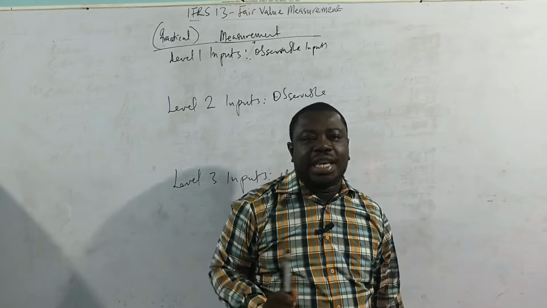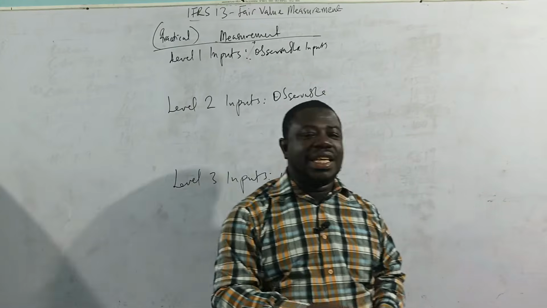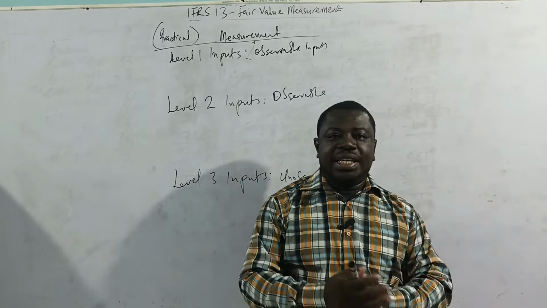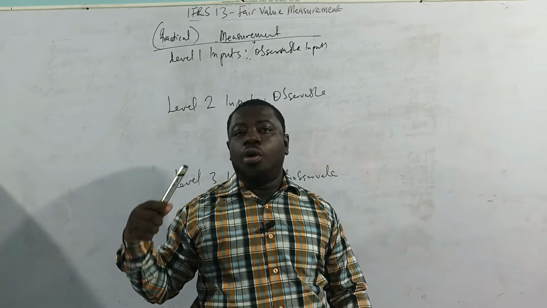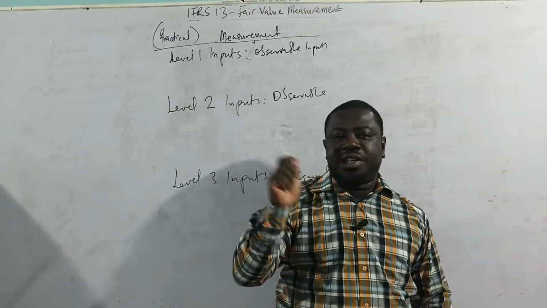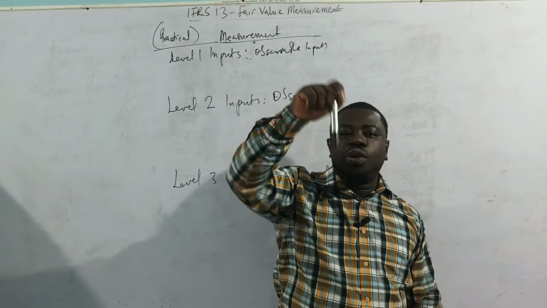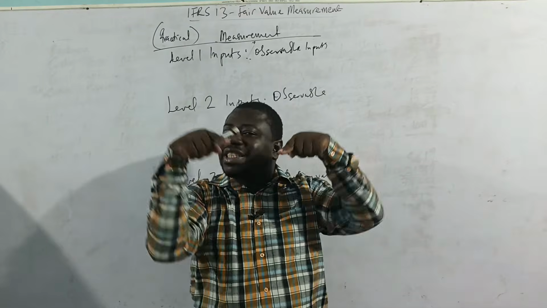When we say unadjusted quoted prices, we are trying to say that these prices are not adjusted based on the seller's preference, but these are the prices that are fair, that is supposed to be used, the standard price for all the identical assets.